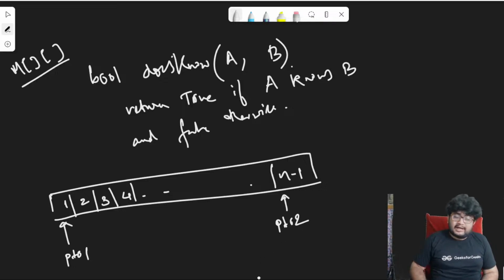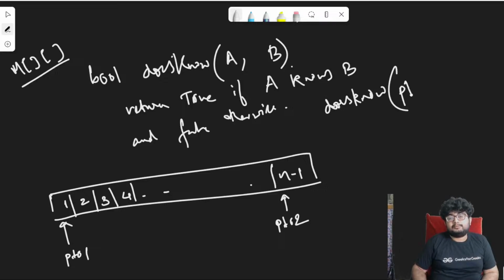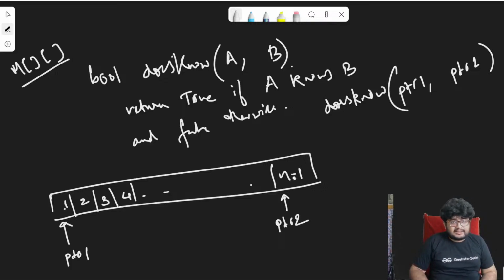At every step, we will call does know pointer 1 comma pointer 2. That means, does 1 know n minus 1?